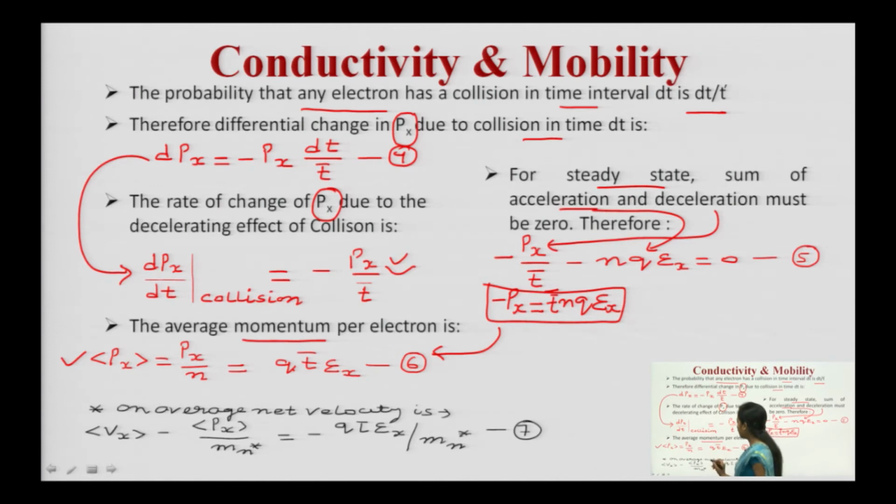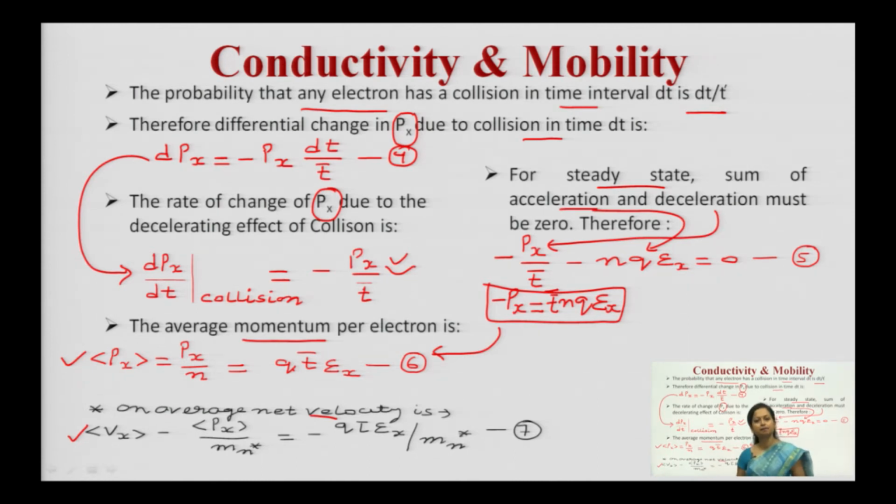Now, if you have to calculate the average net velocity, average because we are taking an average, this bracket is being introduced again: average Vx in this bracket shows the average net velocity. This is the average momentum per individual electron, which is Px upon Mn star.